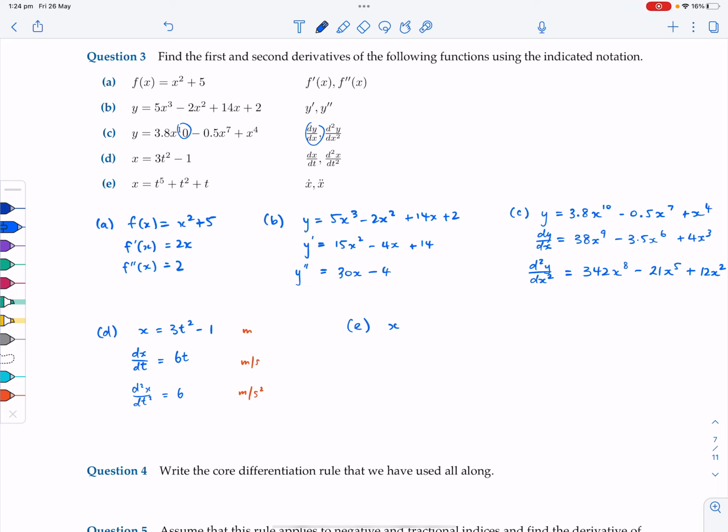And another distance time kind of equation, t to the 5 plus t squared plus t, but a different notation. So x dot is the same thing as dx dt.